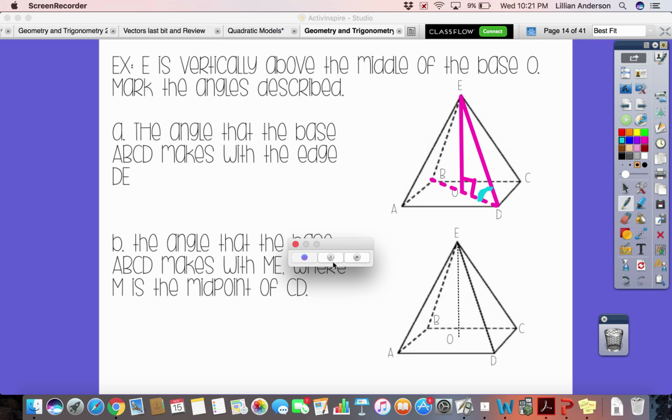Now, like I mentioned before, will all the angles be right angles? No, not necessarily. Especially in this case, where it says the angle between BE and ED. Well, that angle right there definitely is not going to create a 90-degree triangle because it's spanning from edge to edge, going along the edges.